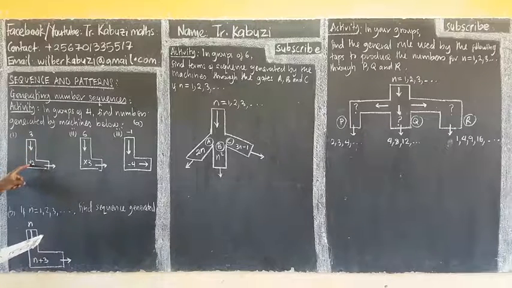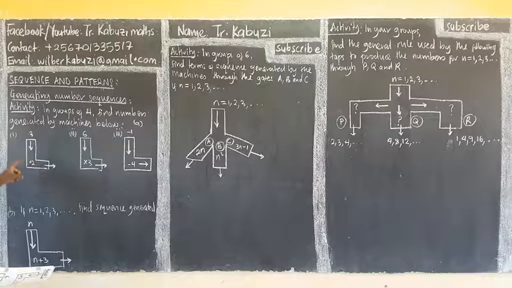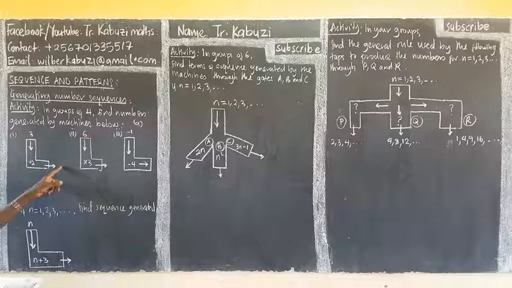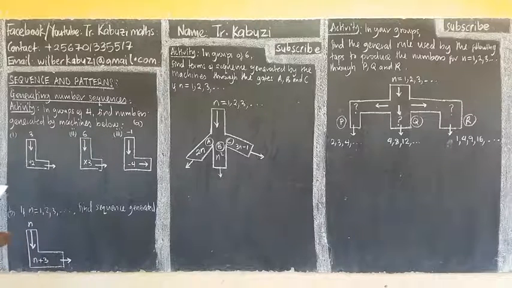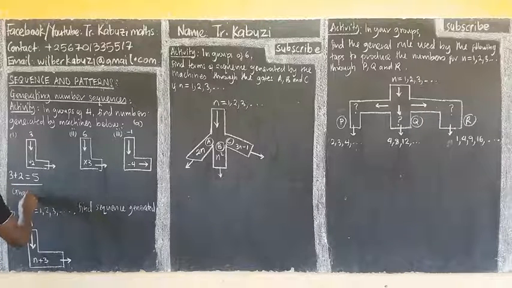It means they add a 2 on the number they push through, and then they push it out. So for them, they did 3 plus 2, and the number which got out was a 5. So this is group 2.